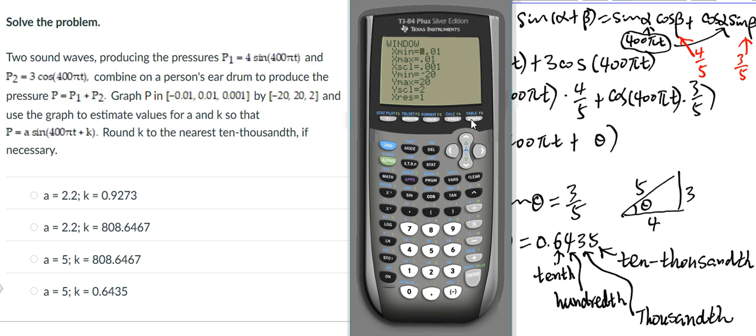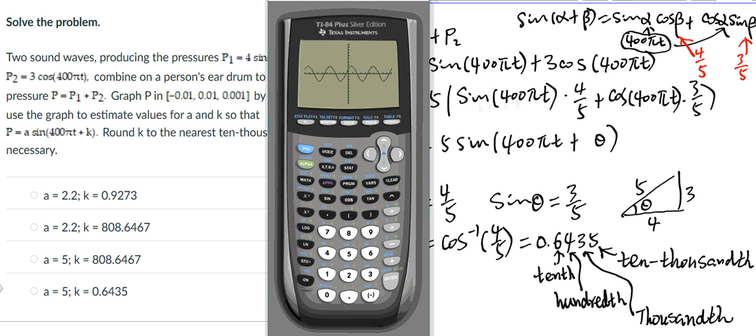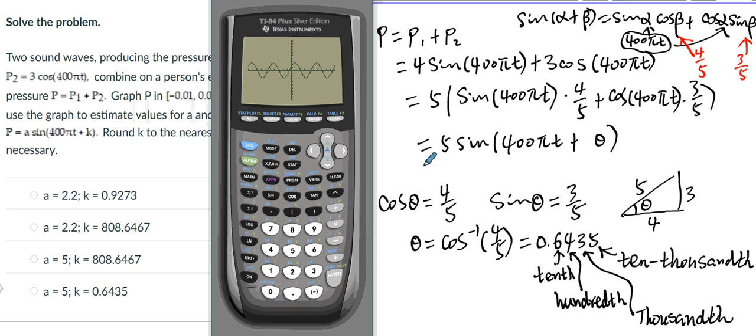When you do the graph, you can see the amplitude is 5, so A is easy to see. But for K, it's hard. Again, how to get K? Using cosine inverse of 4 over 5.